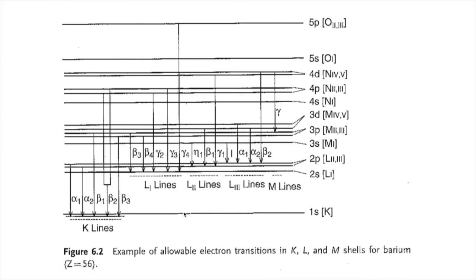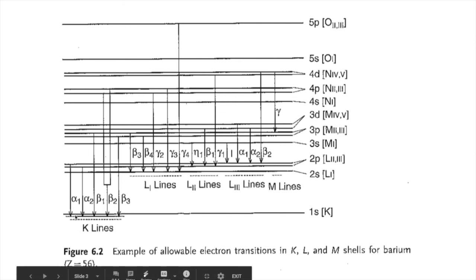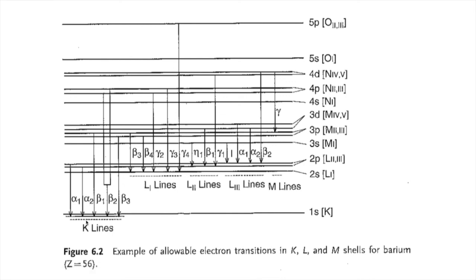So if you run through these calculations, they will meet those three rules that we just talked about in terms of the change in the principal, the change in the angular, and the change in the total momentum rules that we just discussed. And so when we did that, this is an example we kind of talked about earlier. We had these alpha 1 and alpha 2 transitions. And so we see that it goes to the 1s state, the K state, and it comes from the L2 and L3.